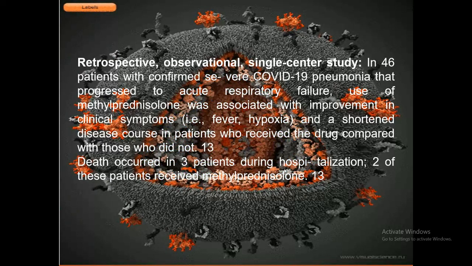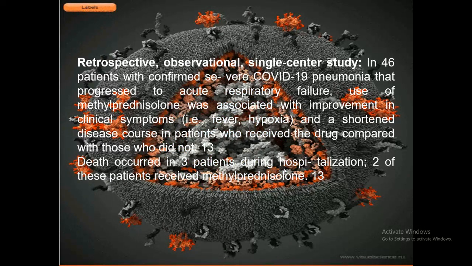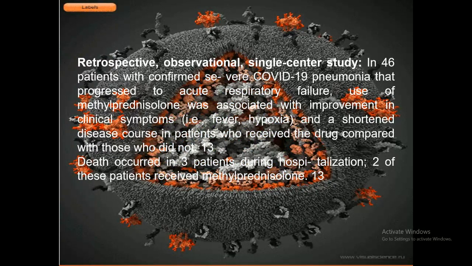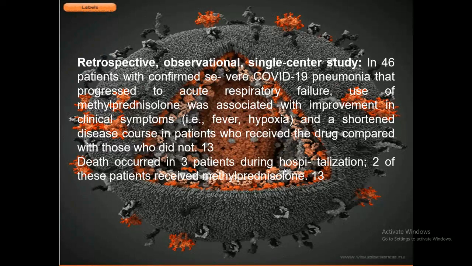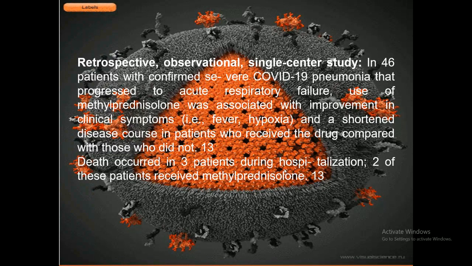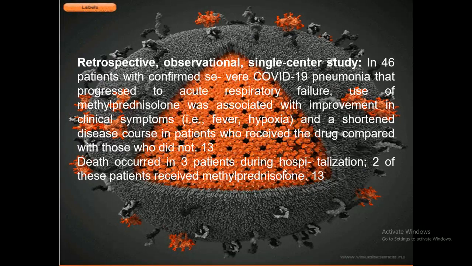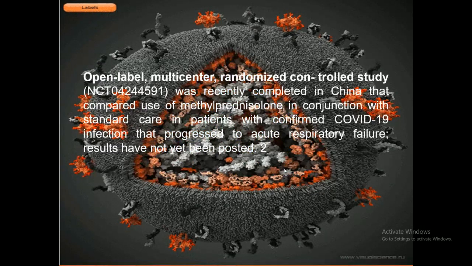Another retrospective observational single center study had a small number, only 46 patients with confirmed severe COVID pneumonia progressing to acute respiratory failure. Use of methylprednisolone was associated with improvement of the clinical symptoms and fewer days of staying in the hospital.